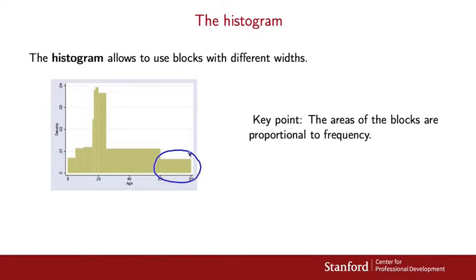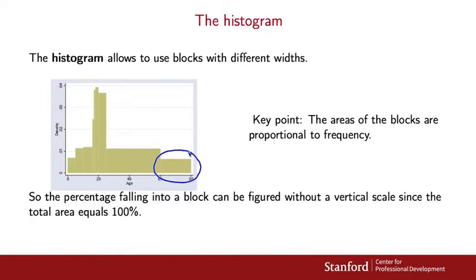Now, just looking at that picture, we see that this area is probably around 1/7 of the total area. And so we can conclude that roughly 20% of the people fall into the range from 60 to 80. So the percentage falling into a block can be figured out without using a vertical scale, just using the fact that the total area has to be 100%.